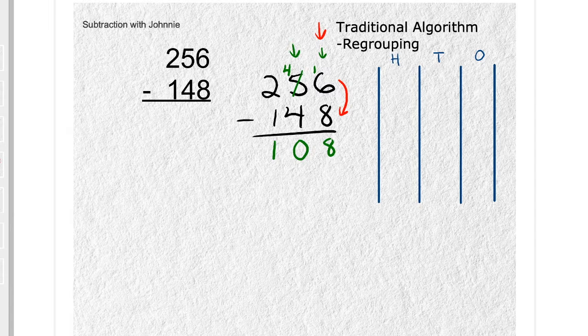And holding on to that, we can describe 256 as 2 hundreds, or 2 flats, 5 tens, or 5 rods, and 6 ones, or 6 units. We can describe 148 as 1 hundred, or 1 flat, 4 tens, or 4 rods, and 8 ones, or 8 units.